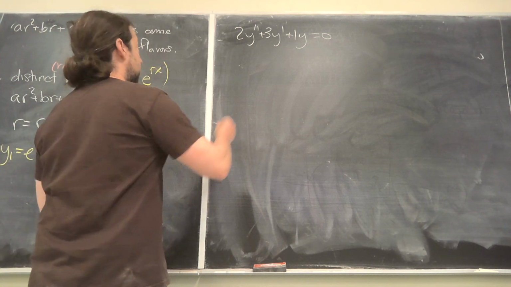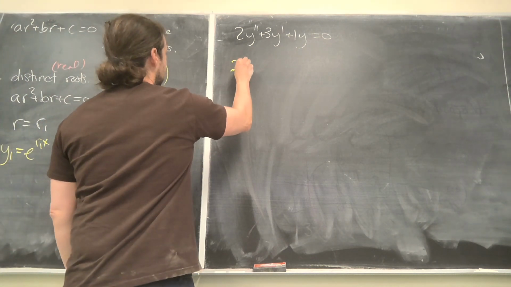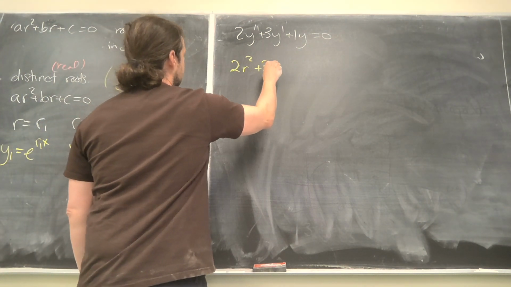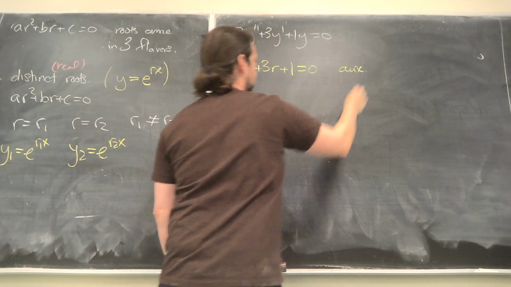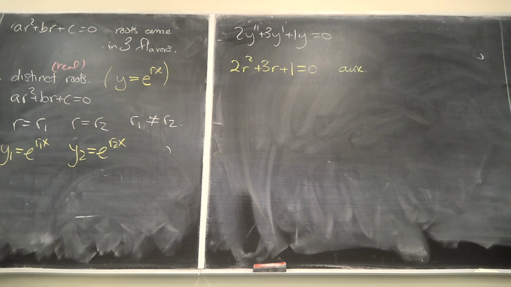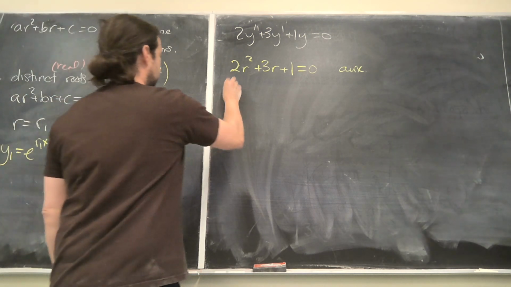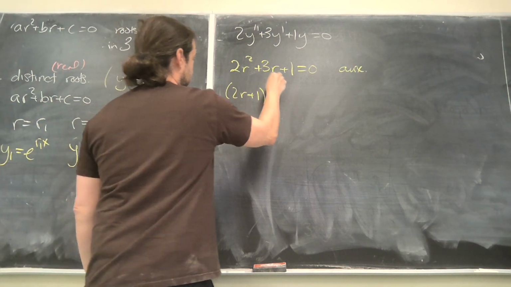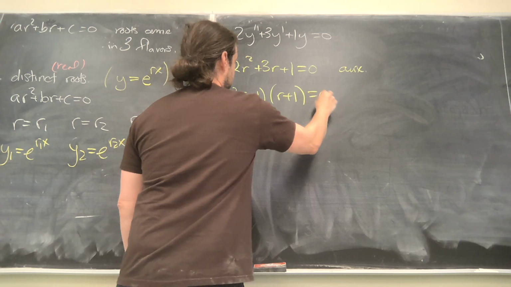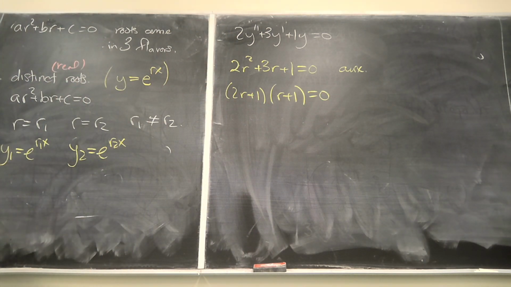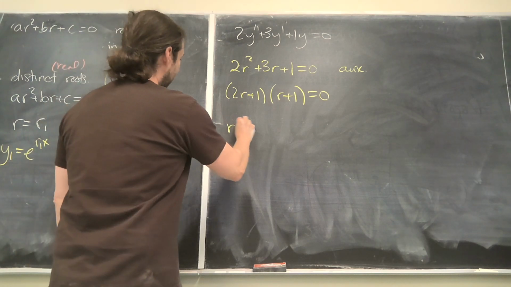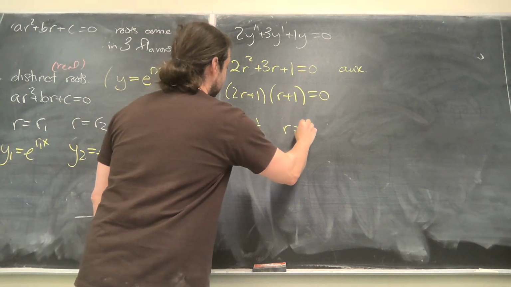You convert it to its auxiliary polynomial, 2r squared plus 3r plus 1 is equal to 0. So that's the auxiliary polynomial. You solve it. Immediately, of course, because everyone's factoring is top level, r is equal to minus a half, r is equal to minus 1.